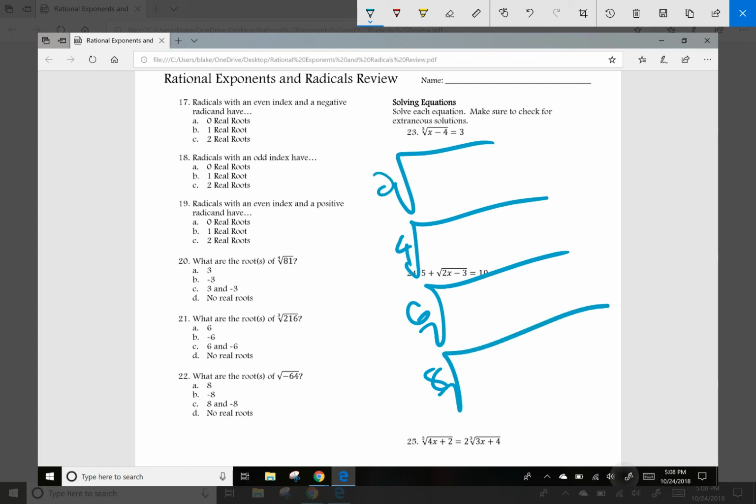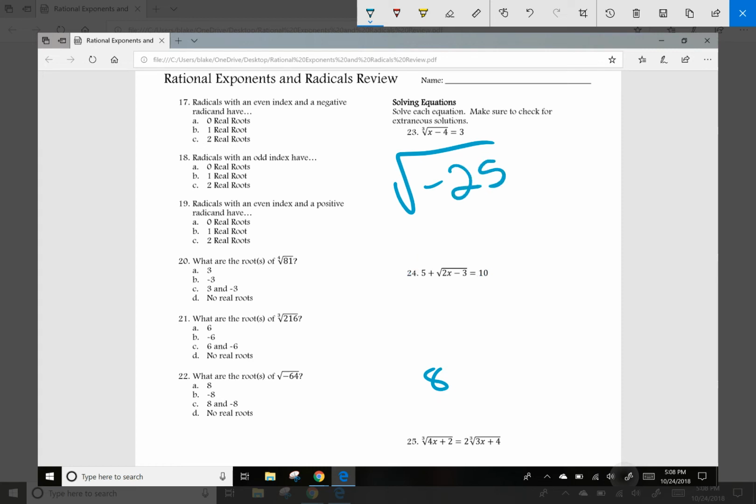Again, square roots don't have the 2 there, but you can write it there if you want to. These are even indexes, so any of these with a negative radicand. For example, the square root of negative 25 has 0 real roots because those give us imaginary solutions. The square root of that would be 5i. It exists, but it's not a real root.